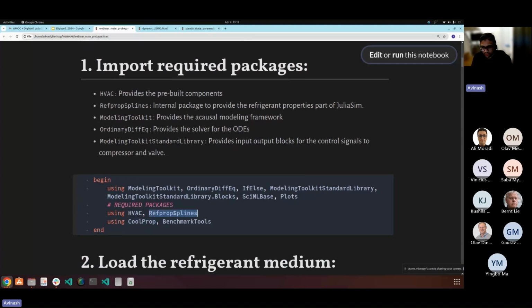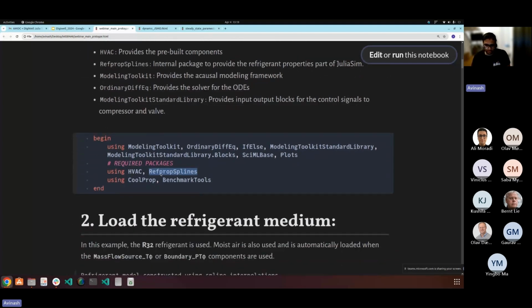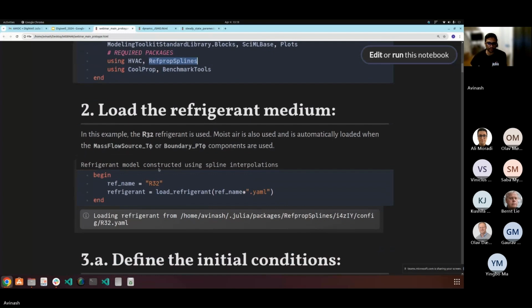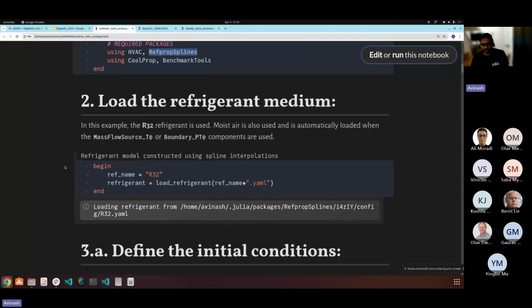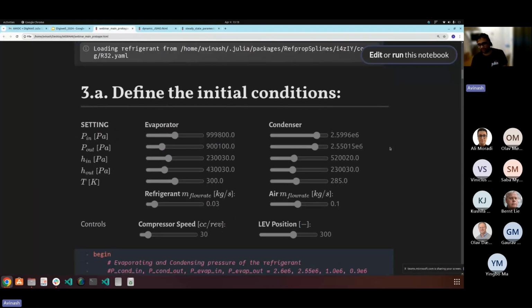And part of the platform also provides these property models for refrigerants and other media. So in this case, if we're to have a refrigerant that is R32, one would load this refrigerant and then define a bunch of initial conditions that one can set.